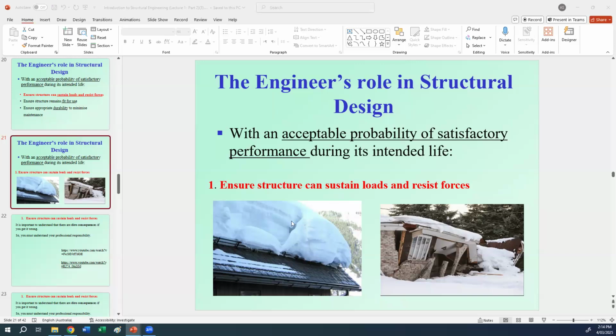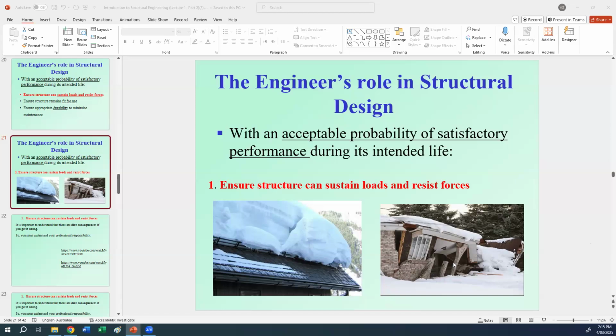So for example, if we have snow like that, when the snow drops on the building, if it is not considered in the design, as you can see, look what happened to the roof of the building. Due to the snow, the roof has collapsed here and the building has collapsed here. So this means that the snow was not considered in the design. So if you are living in or designing a building in a city that is susceptible to snow, you need to consider the snow in your design.